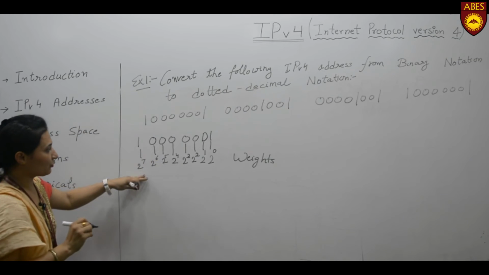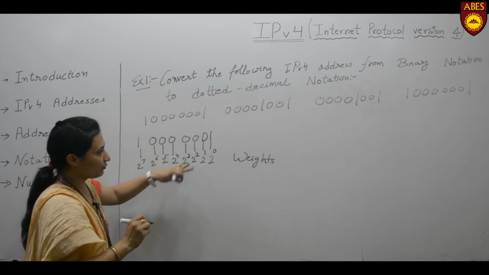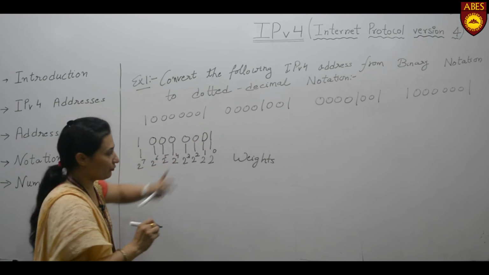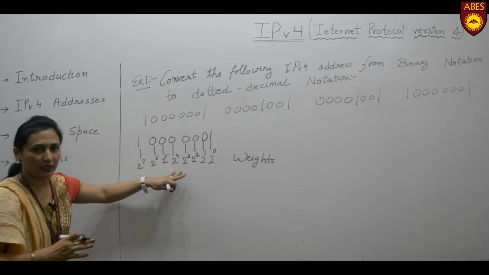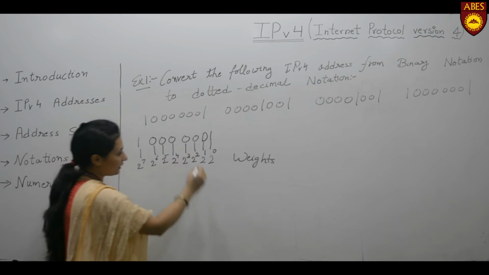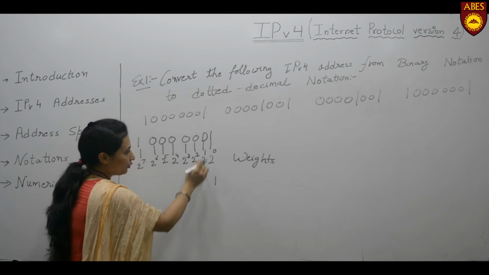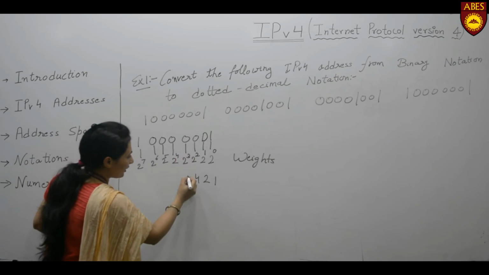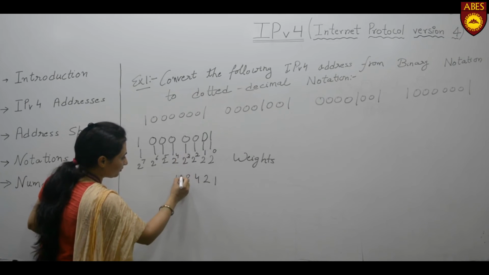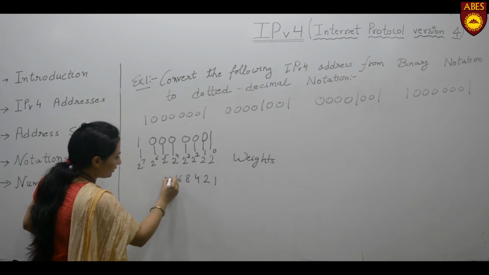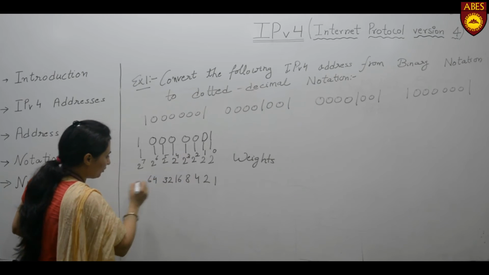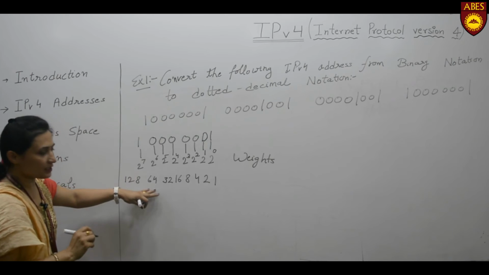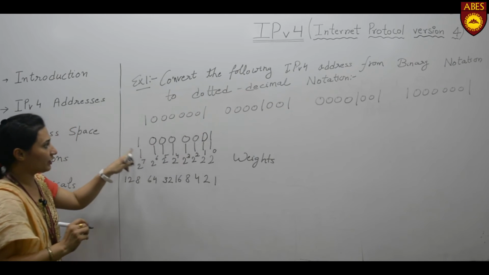So these are the weights for the particular positions, and then we have to multiply these weights with the respective values. So first we write down the values: 2 power 0 is 1, 2 power 1 is 2, 2 power 2 is 4, 2 power 3 is 8, and so on, 16, 32, 64, then 128, and these weights are multiplied with the given number.